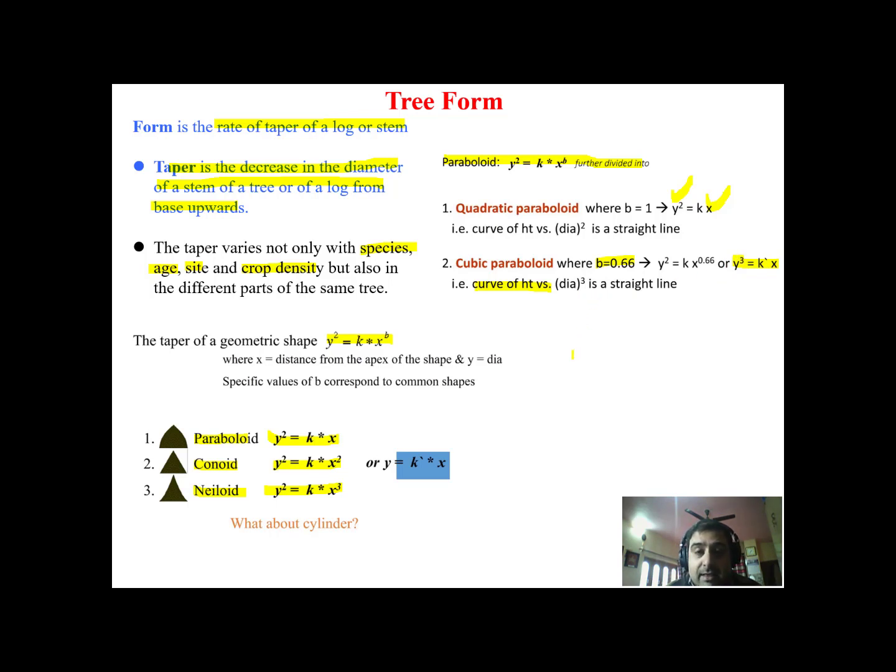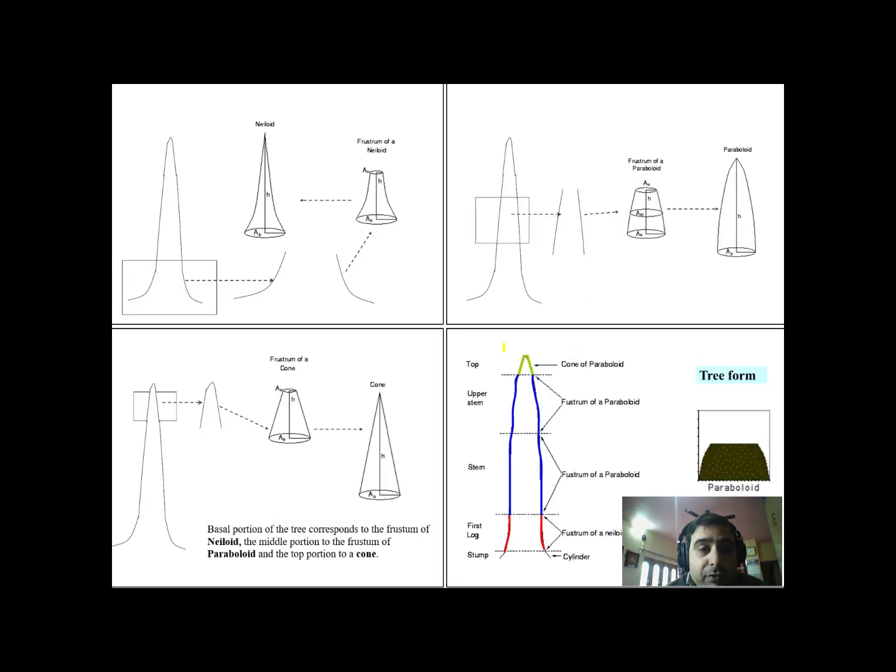To understand this further, we need to visualize the shape of the stem. We already discussed that the stem resembles a neiloid, conoid and paraboloid. Concentrating on the base of the tree, if we take a frustum out of a neiloid, which is this portion, and place it at the base of the tree, it clearly resembles the base of the tree.